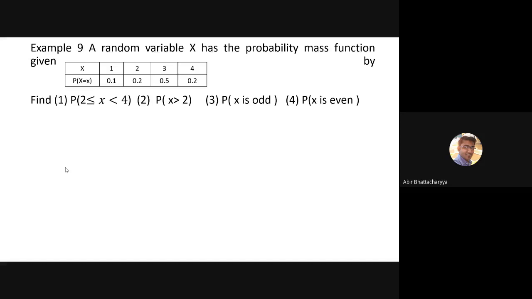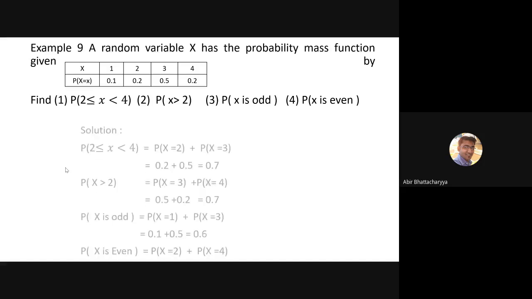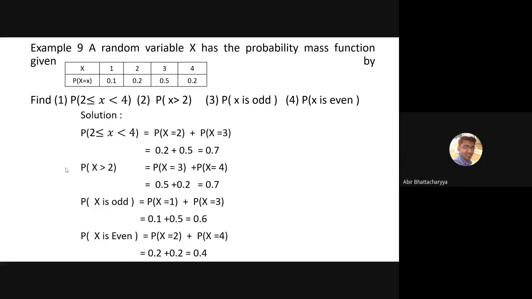So how to calculate this type of thing? First, probability of 2 less than or equal to x less than 4. That means it is attaining the value 2, so we'll take probability of x equals 2, which is 0.2.